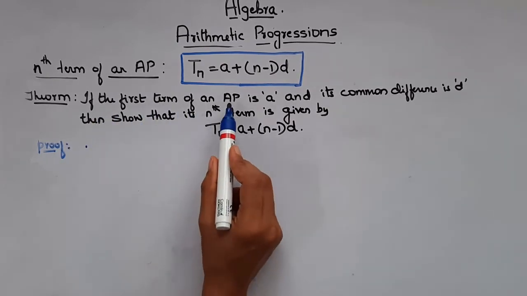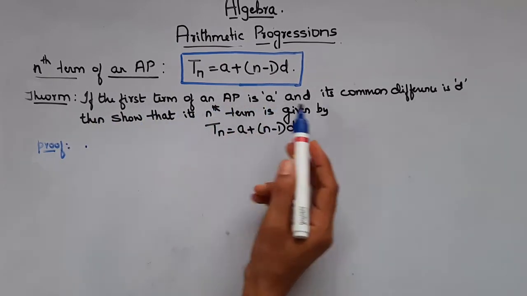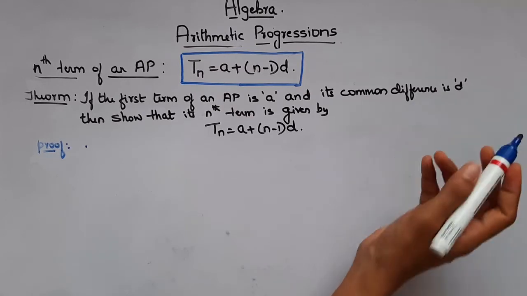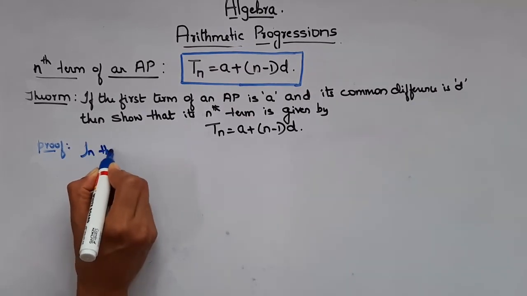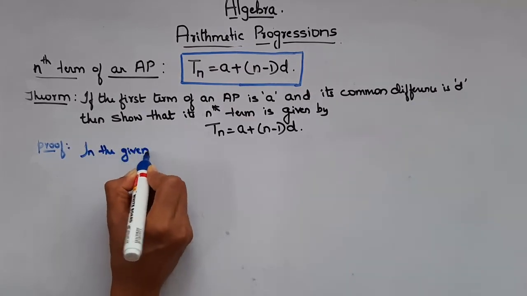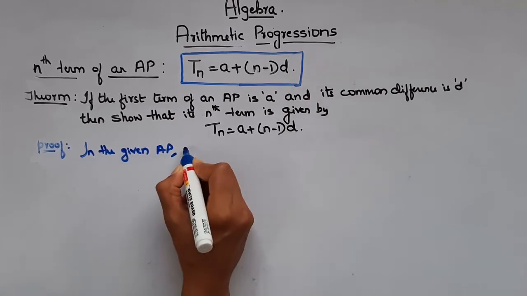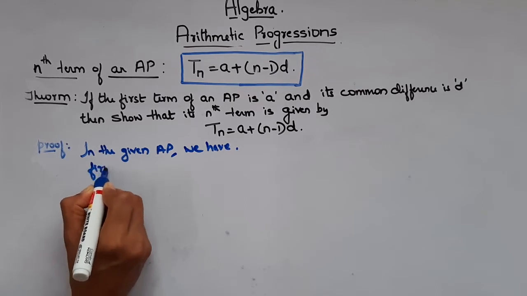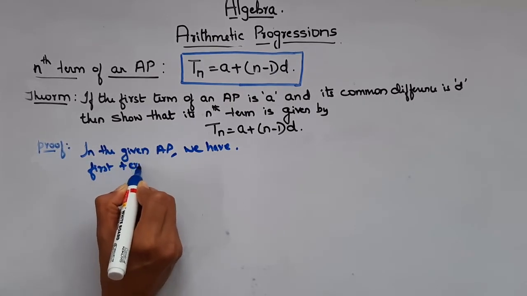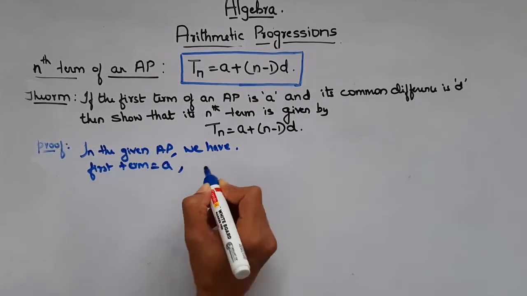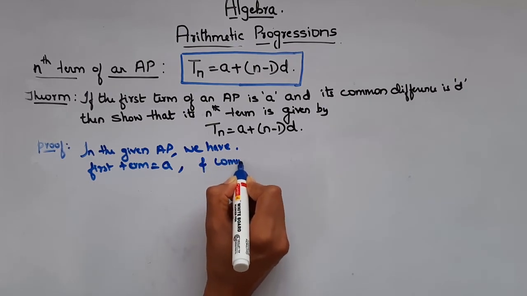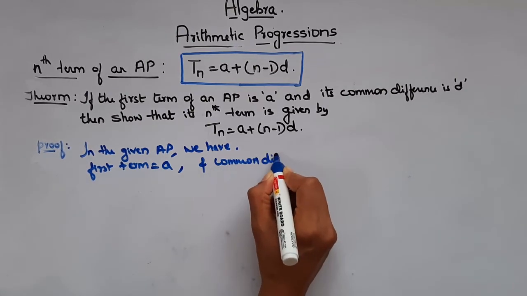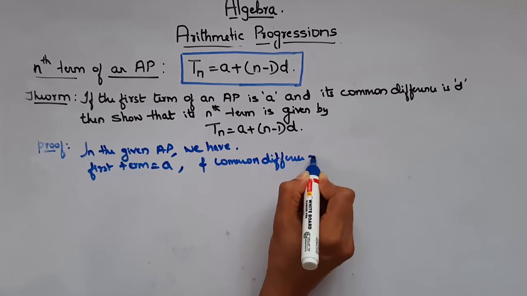It says in an AP we have the first term a and its common difference is d. So let's write: in the given AP, first term is equal to a and common difference is equal to d.